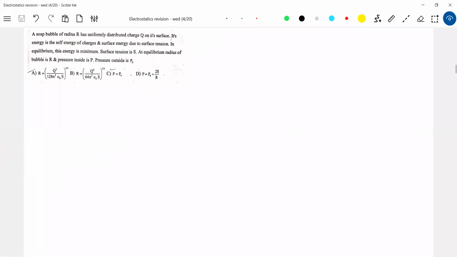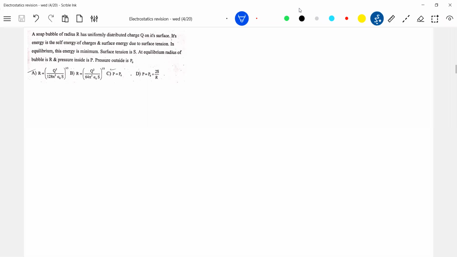Take the question, no? Read it. A soap bubble has a uniformly distributed charge Q on its surface. Its energy is self-energy of charges and surface energy due to surface tension. In equilibrium, this energy is minimum. At equilibrium, radius of the bubble is R and pressure inside is P, pressure outside is P naught.